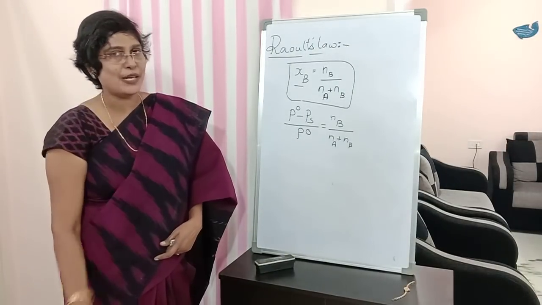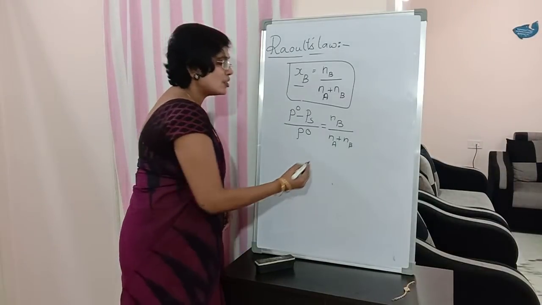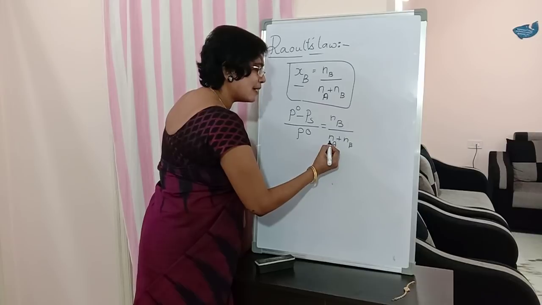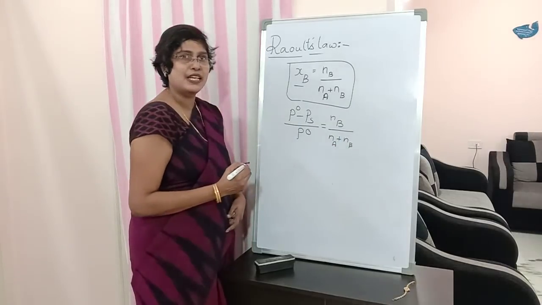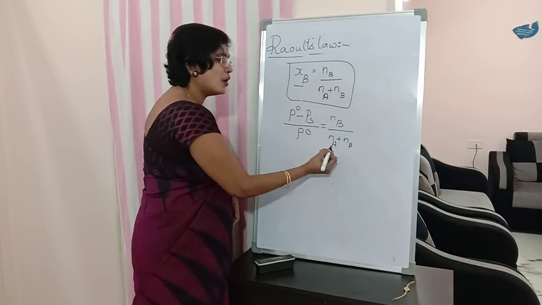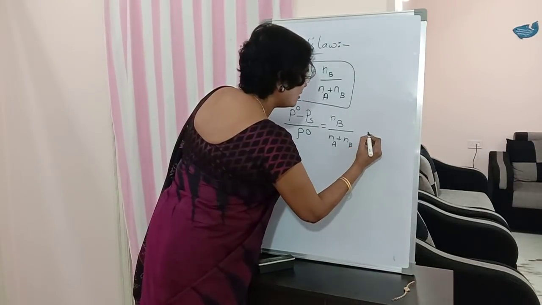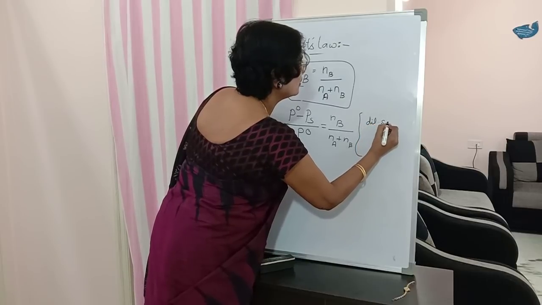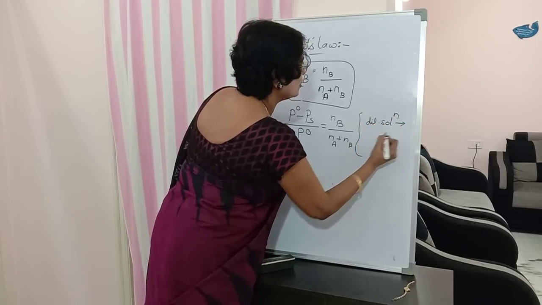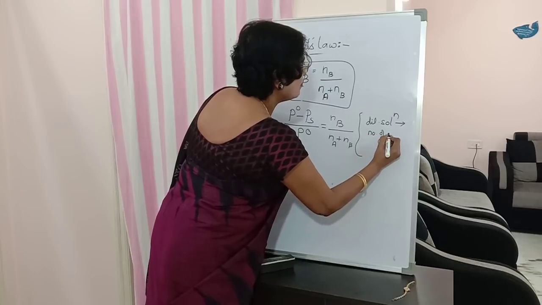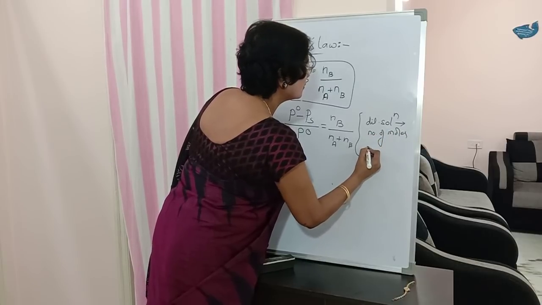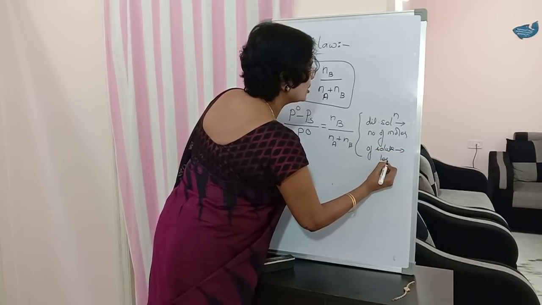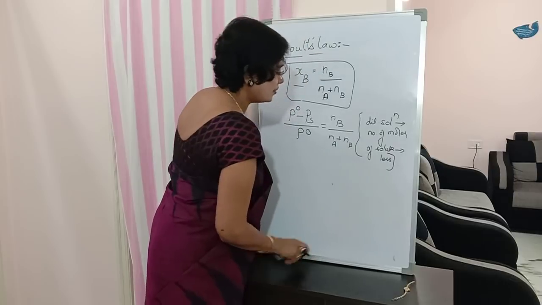So in the denominator, when comparing Na and Nb, Nb is much smaller than Na. Write down here, students, in the column: in a dilute solution, the number of moles of solute will be much less. This is solute, students.